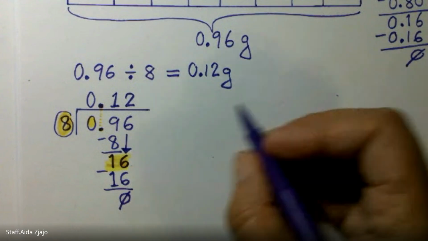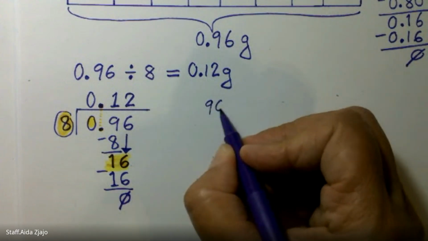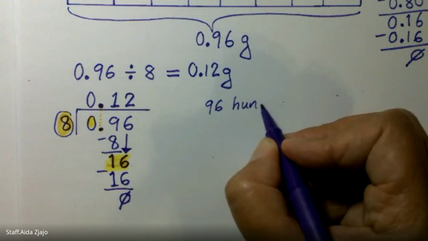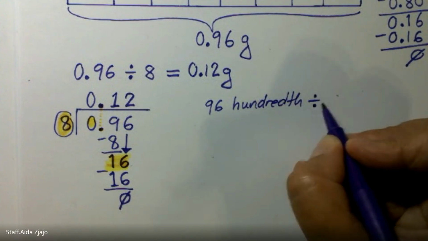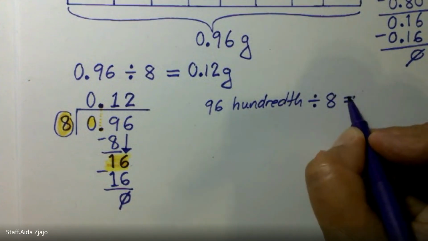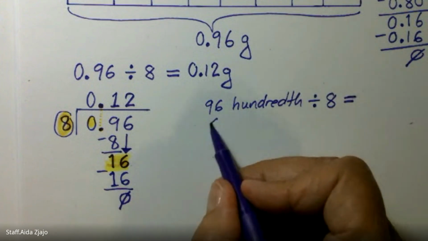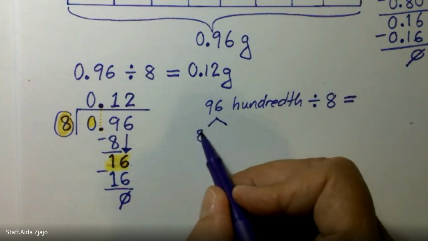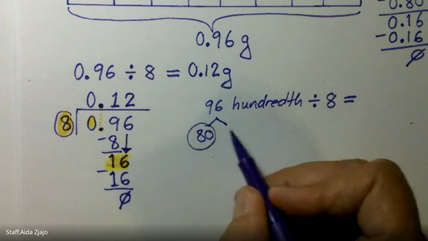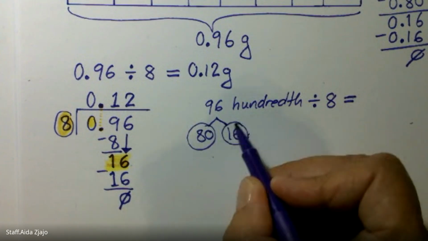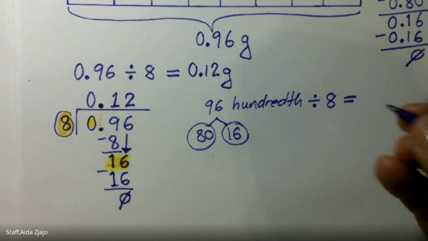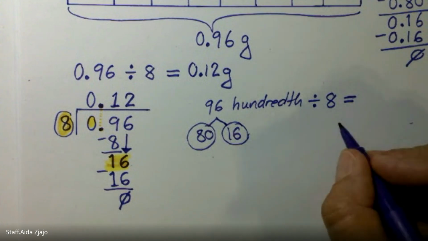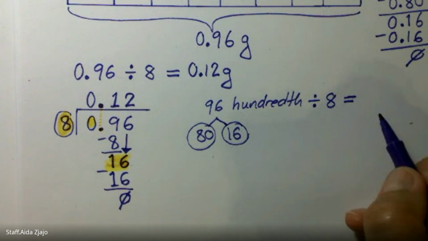You can think about this to be 96 hundredths divided into 8. So now you can think of this as 80 and 16. So 80 divided by 8 equals 10, and then 16 divided by 8 is 2.